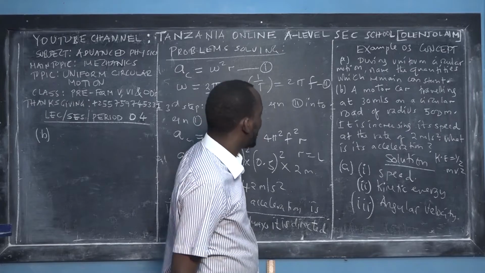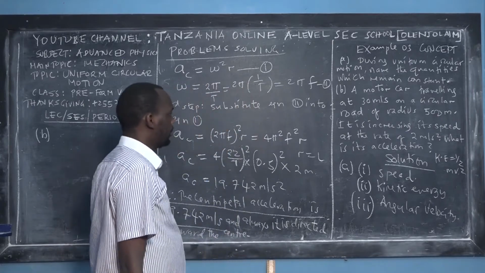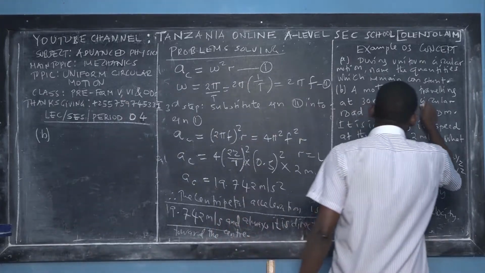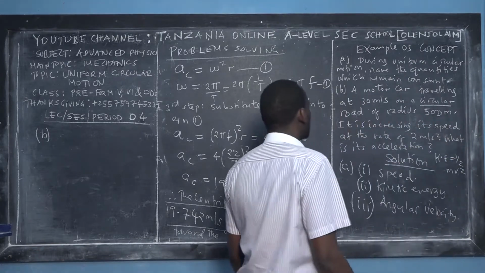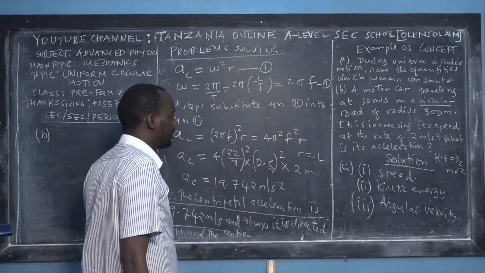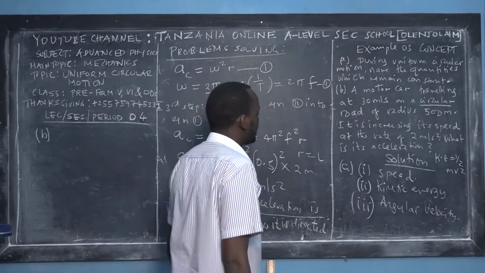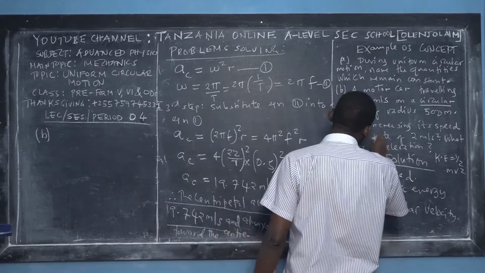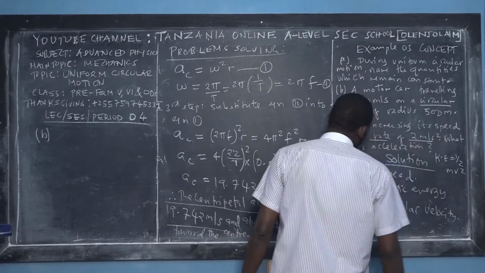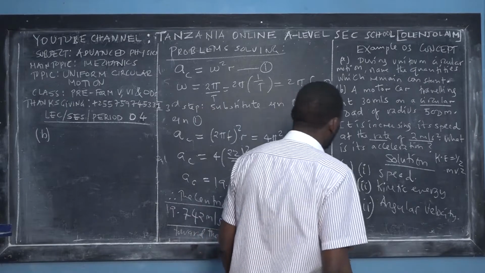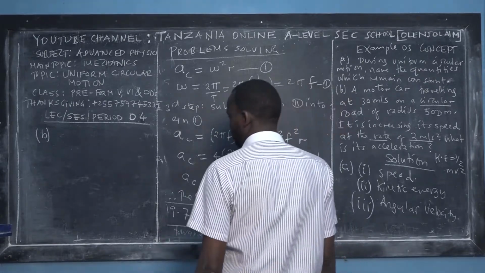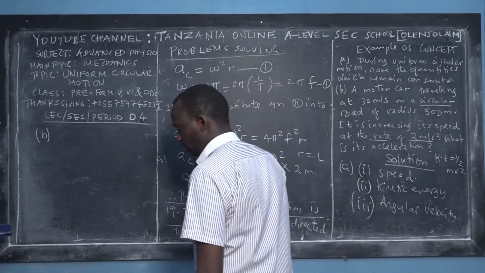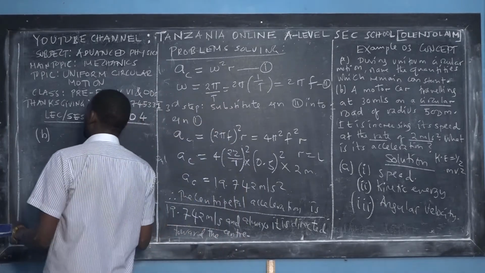Because the motor car was traveling on a circular road, it is circular, not linear. The circular road has a radius of 500 meters. It is increasing its speed at the rate of 2 meters per second square. What is the acceleration? So we say the first state.